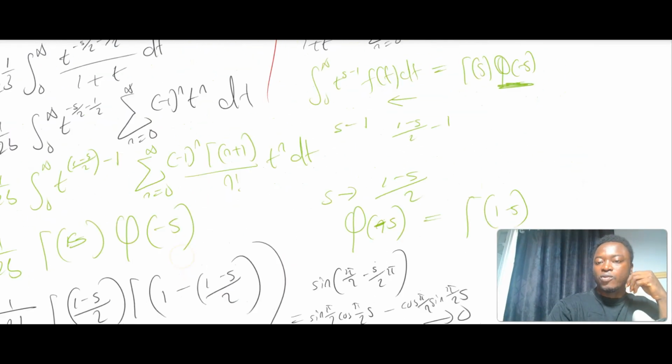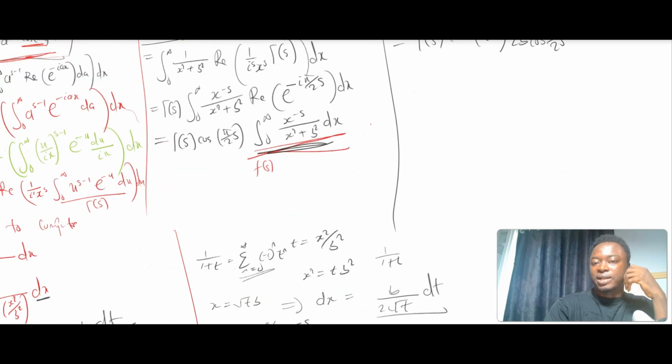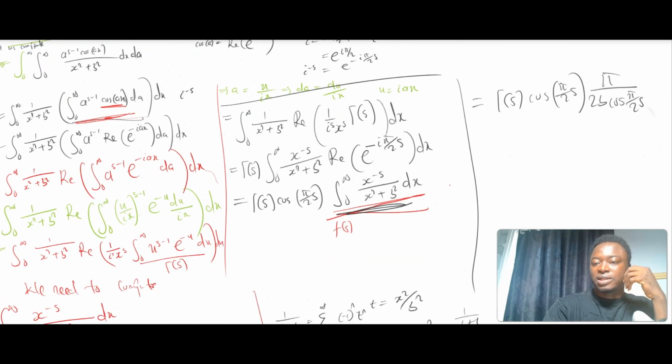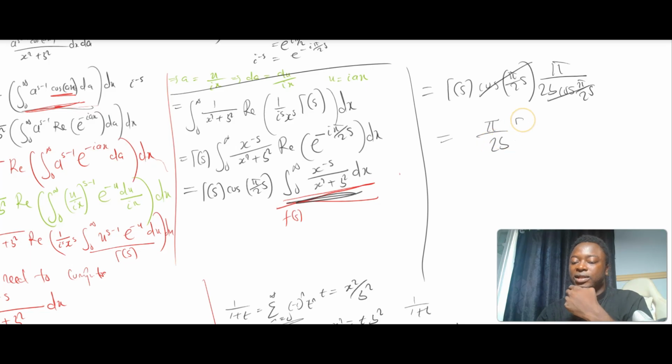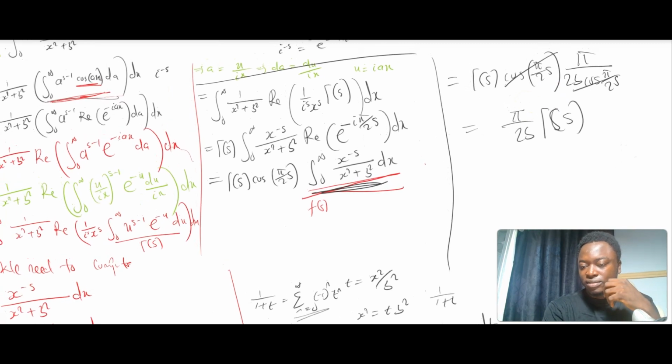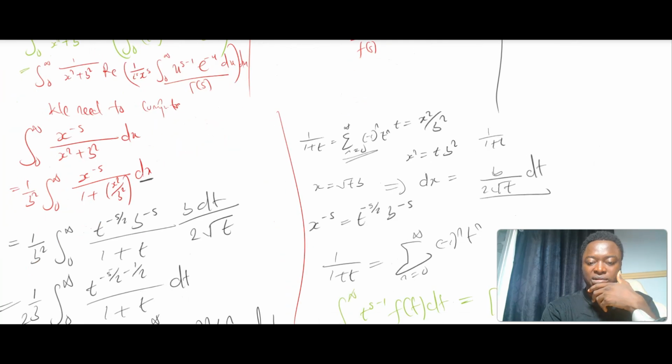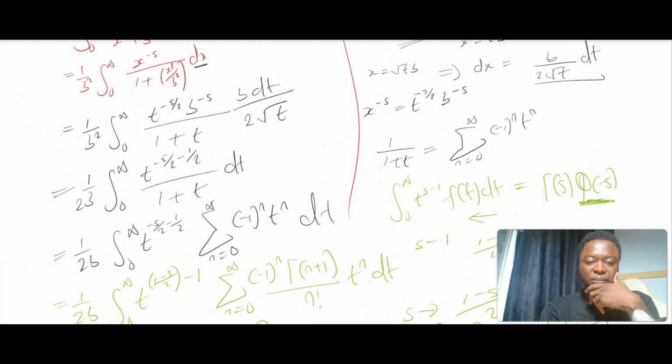Now we can make some cancellations from here, because we already see that both of these cancel out. So you have pi over 2b times gamma of s. But wait, there should be a mistake here.